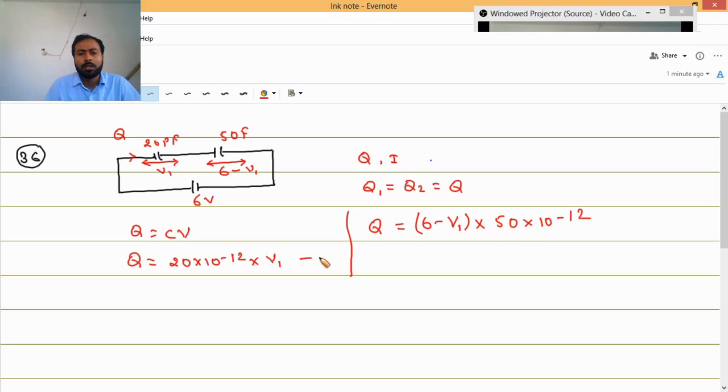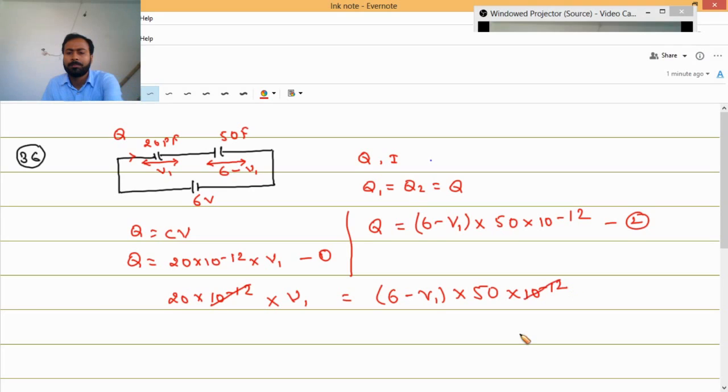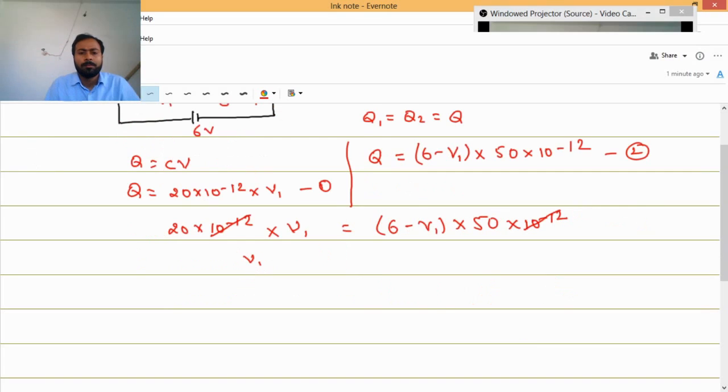So equation 1 and equation 2 will be the same, so we can write 20 into 10 to the power minus 12 into V1 equals 6 minus V1 into 50 into 10 to the power minus 12. This factor cancels on both sides, and 20 V1 will be equal to 300 minus 50 V1.